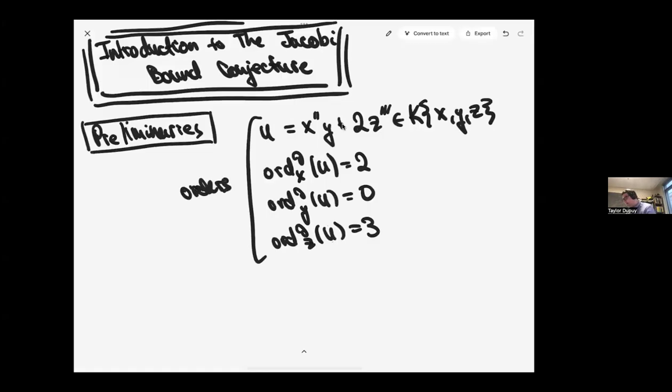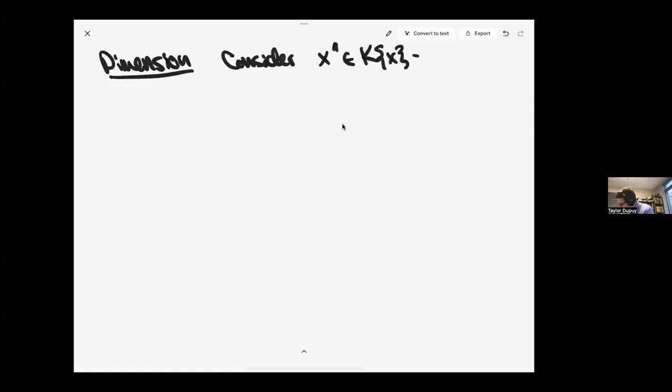One thing that I do want to talk about is dimension. I'm going to be mostly talking about absolute dimension, or Krull dimension. Let's start with an example. Let's consider this derivative here, which is two derivatives, x prime prime, inside this ring of differential polynomials.